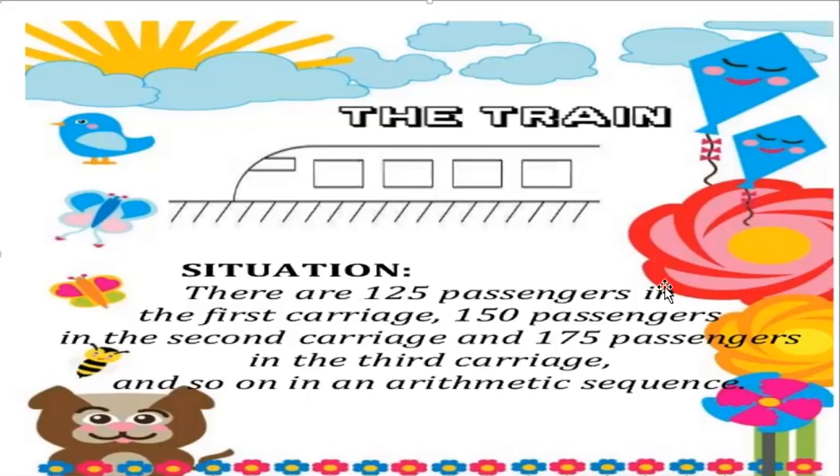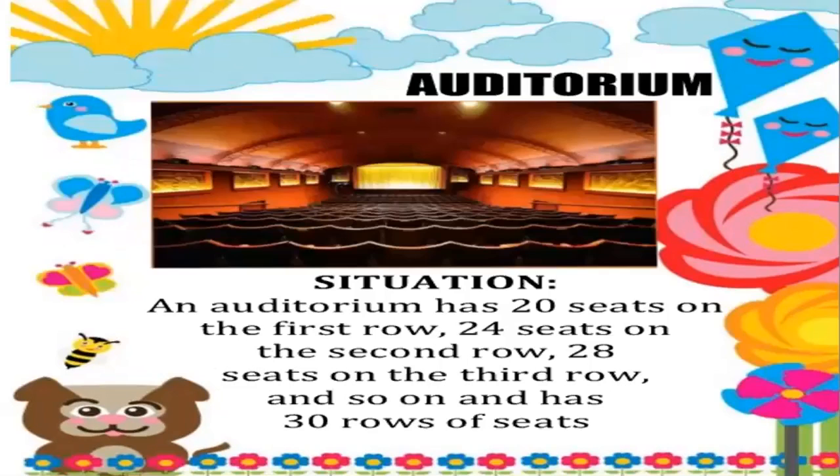So likewise in the fifth carriage there will be 225 passengers. In the sixth carriage there will be 250 passengers. These kind of examples of arithmetic sequences or series can be seen in real life. So let us look at one more example.